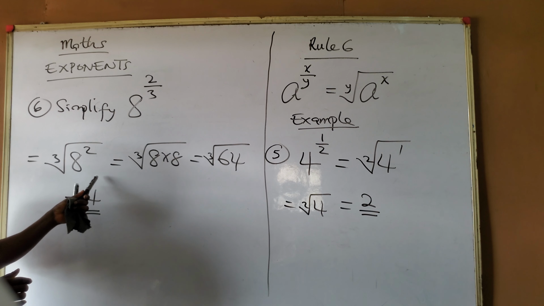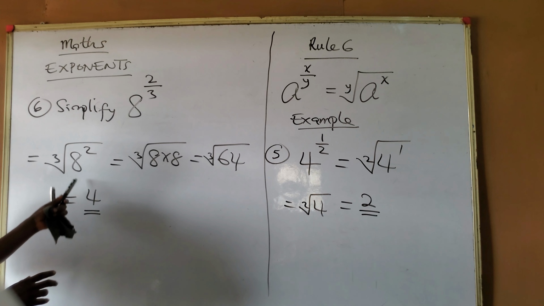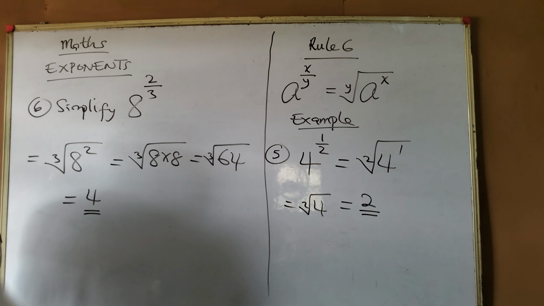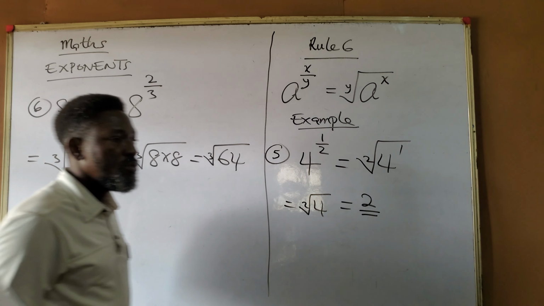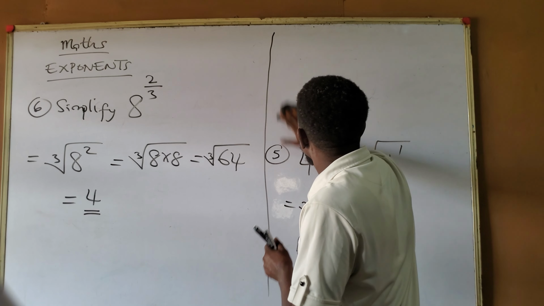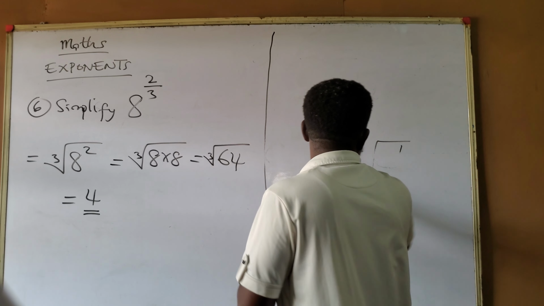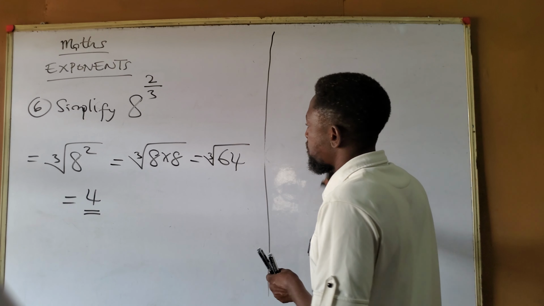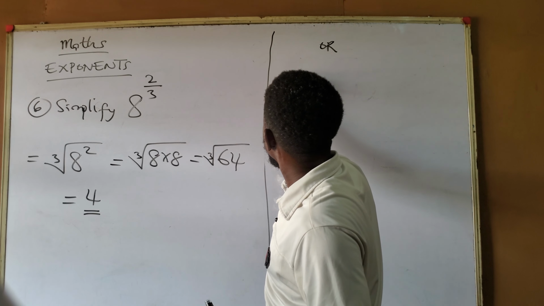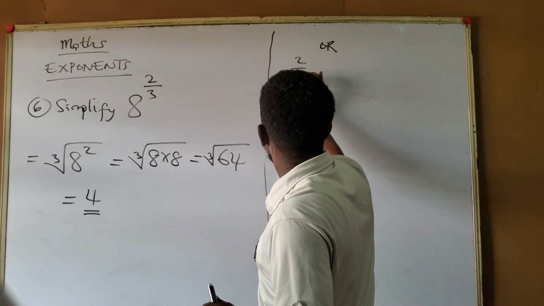There's another way you can solve this one, but sometimes you can have a large number here, so multiplying and looking for the particular root is going to waste your time. So let's see another approach to solving this. We have 8 raised to the power 2 over 3.